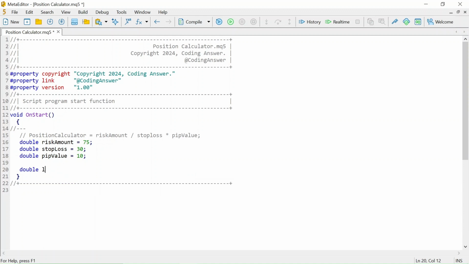Double lot size is equal to risk amount divided by the stop loss times the pip value.